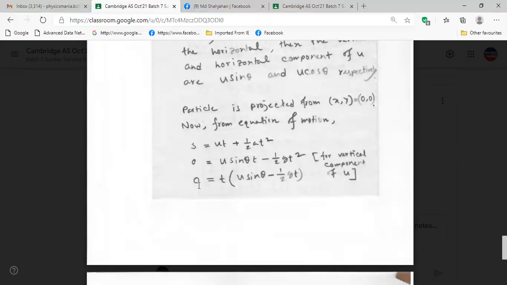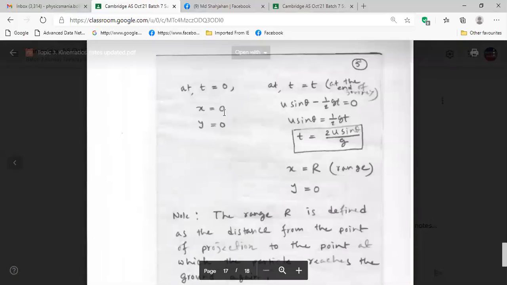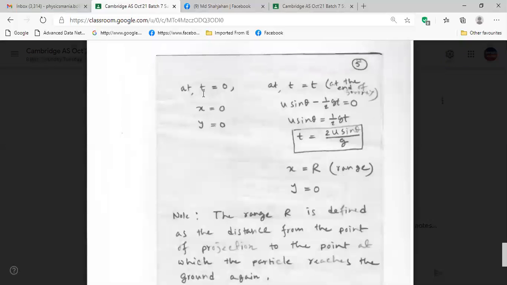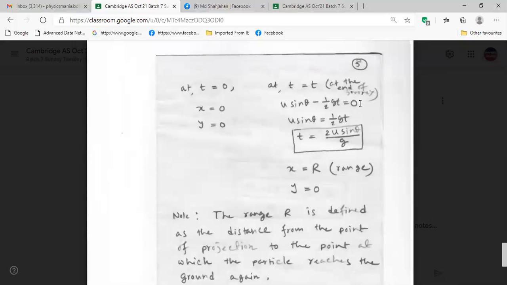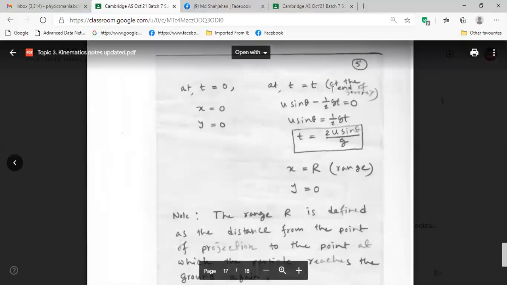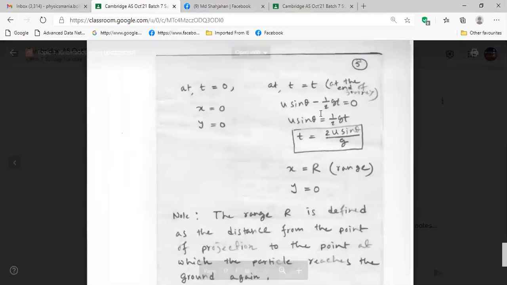In algebra we have this rule. Is it clear? So t is 0, and also the whole bracket is 0. Now this factor is showing us two things: one is t equals 0, another is t equals t, when u sin theta minus half gt equals 0. Is it clear? Now if you simplify, it comes t equals 2u sin theta by g.